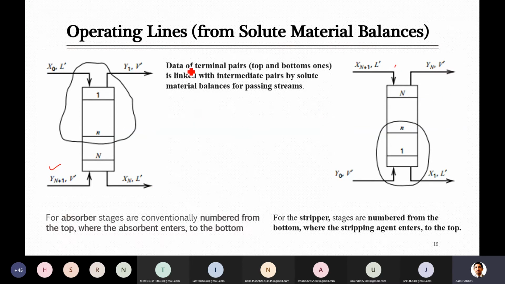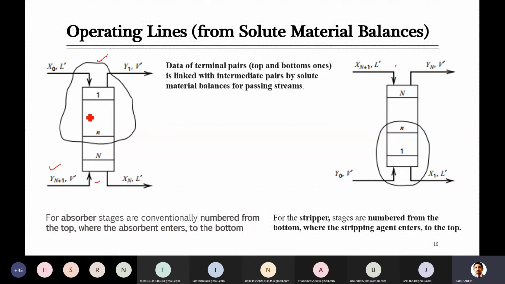So the data of these terminal points or terminal pairs, for example, this is one terminal pair at the top, and this is another pair at the bottom. Pair means this vapor and liquid. So their data, for both the bottom and top pair, can be linked with the intermediate pairs or intermediate trays by using a solute material balance of the passing streams.